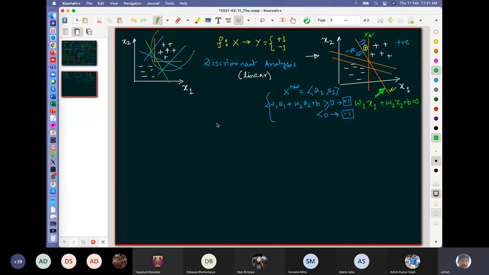So depending on this insight, just think of common sense. What is the best possible linear discriminator you can put here? Any of you? Anyone?